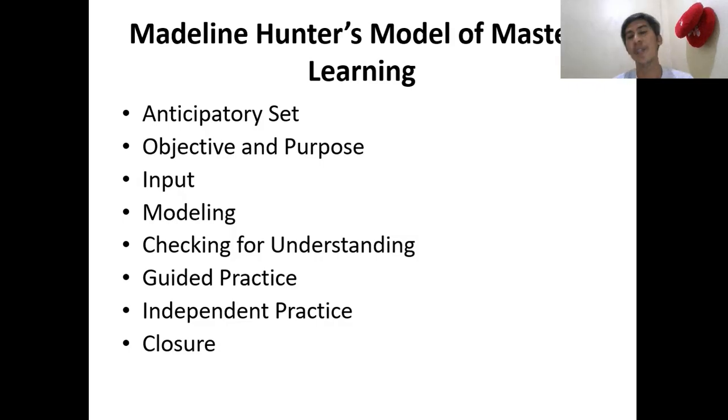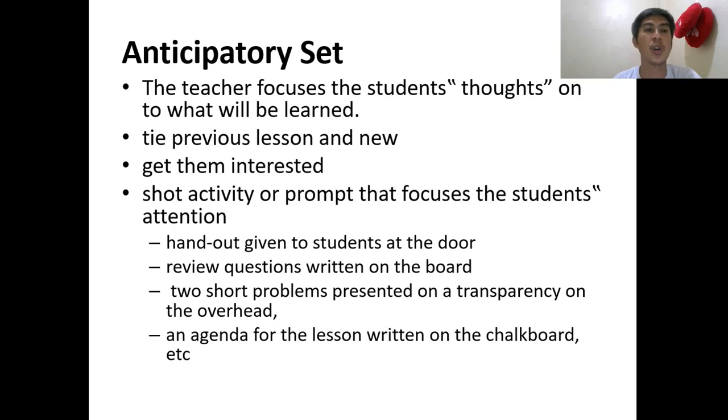Or I may decide that for all the lessons from lesson 1 to lesson 15 of my Math 2, I will only use Madeline Hunter's model of mastery learning. So you follow the instructional model: anticipatory set, objective and purpose, input, modeling, checking for understanding, guided practice, independent practice, and closure.